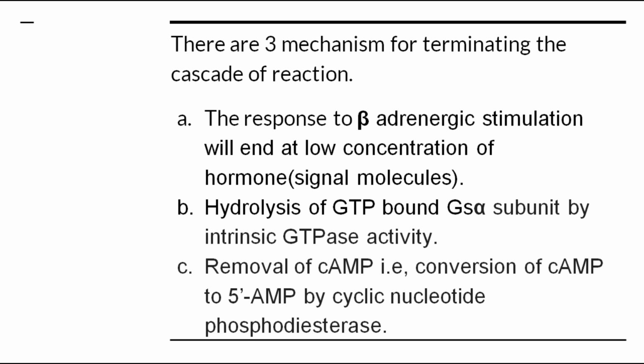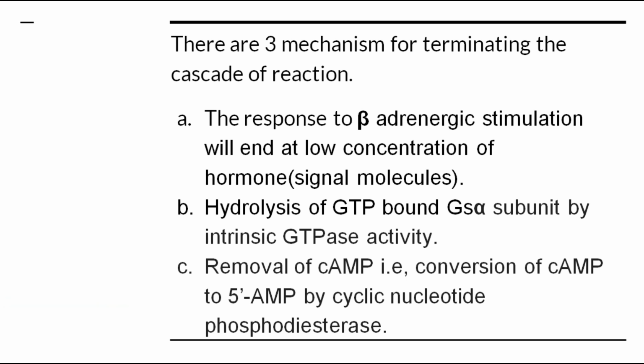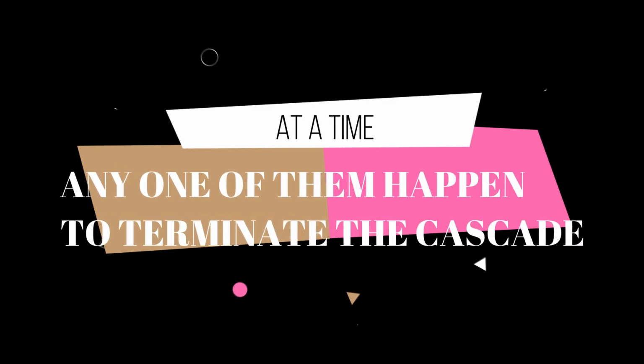Now, the hydrolysis of GTP bound to the G subunit, that is the alpha subunit, by intrinsic GTPase activity, and the removal of cAMP, that is the conversion of cAMP to 5'-AMP by a cyclic nucleotide phosphodiesterase. It just happens in a way to terminate the whole cascade reaction when nothing is needed. All of these don't happen at the exact same time, but any one of these happens.